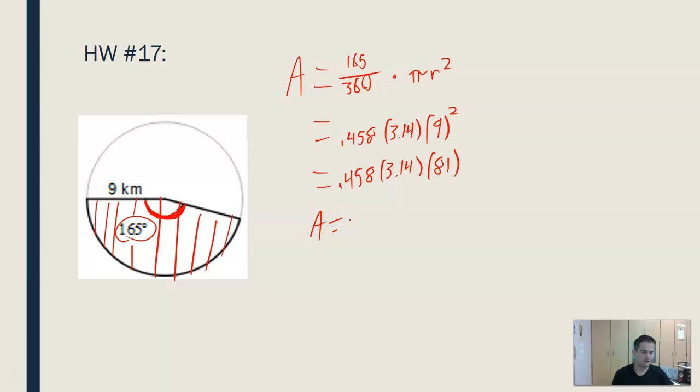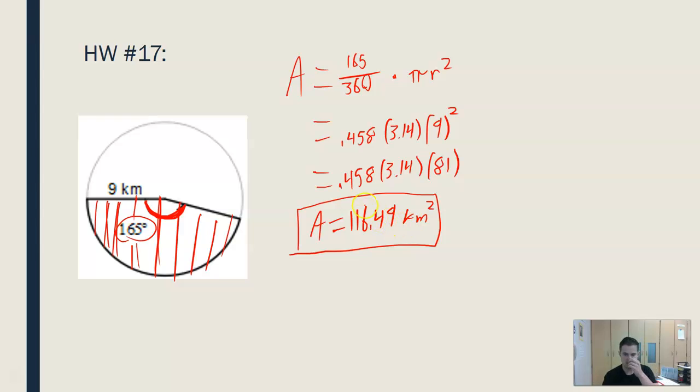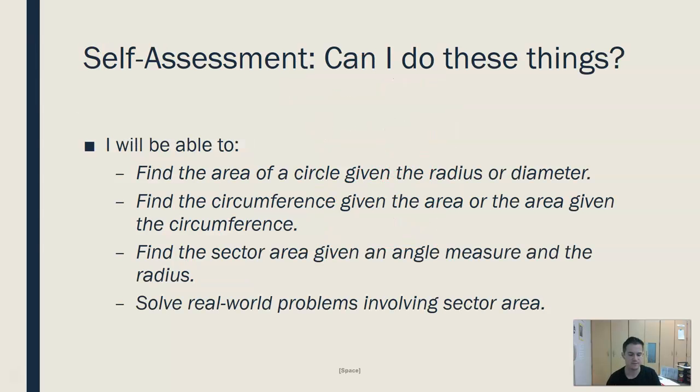So 0.458 times 3.14 times 81 is 116.49 kilometers squared. So the area that this sector takes up is almost half, 0.458 of the total area of the circle, and that sector area will be 116.49, or about 116.5 kilometers squared. So that's number 17 from your homework.